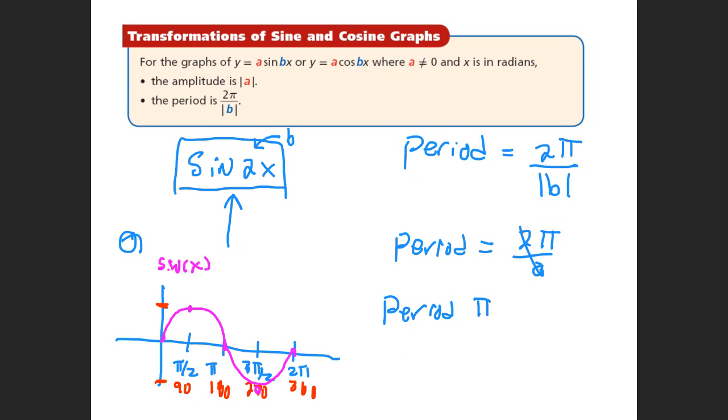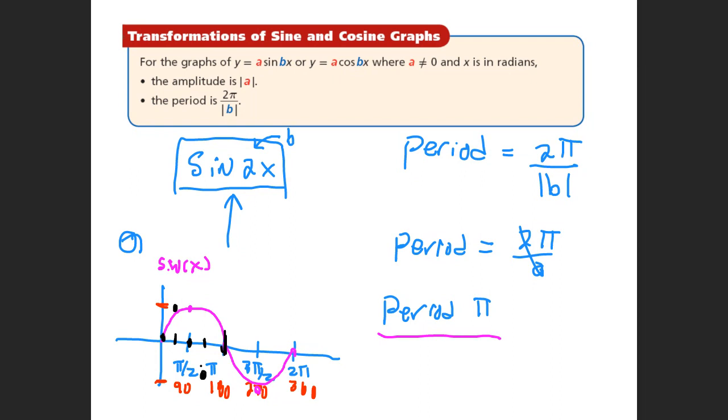But in this problem, if I wanted to graph the sine of 2x, the period is pi. What does that mean? Well, that means all of, let's see, what color do I want to use here? I'll use black. So the whole sine graph is shrunk. Now the whole sine graph has to be between here. So now I would do this. I always break it into 4 parts. So it starts at 0, goes up to here, here, here, and here.